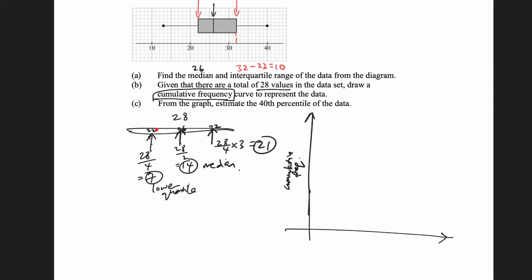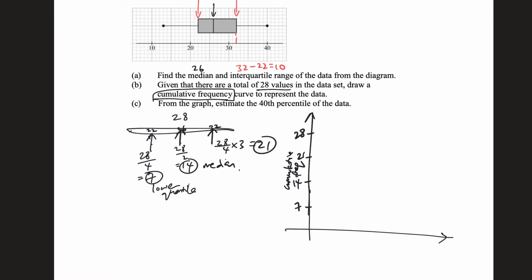The 7th value is 22. The 14th value, the middle value of all the values you have, is 26. And the 21st value is 32. So the key points to this graph are the 7th value, 14th value, 21st value, and the 28th value.